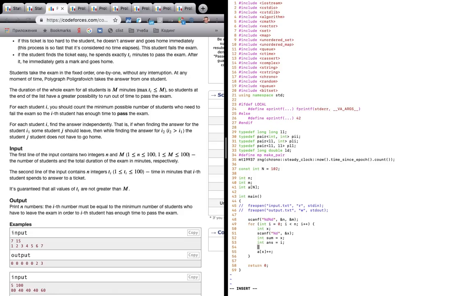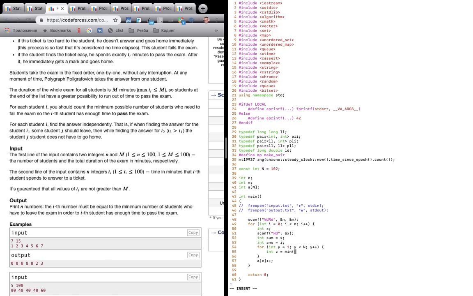We have i students before us, and the students we are allowed to pass will be subtracted from the answer. How many students can we take?